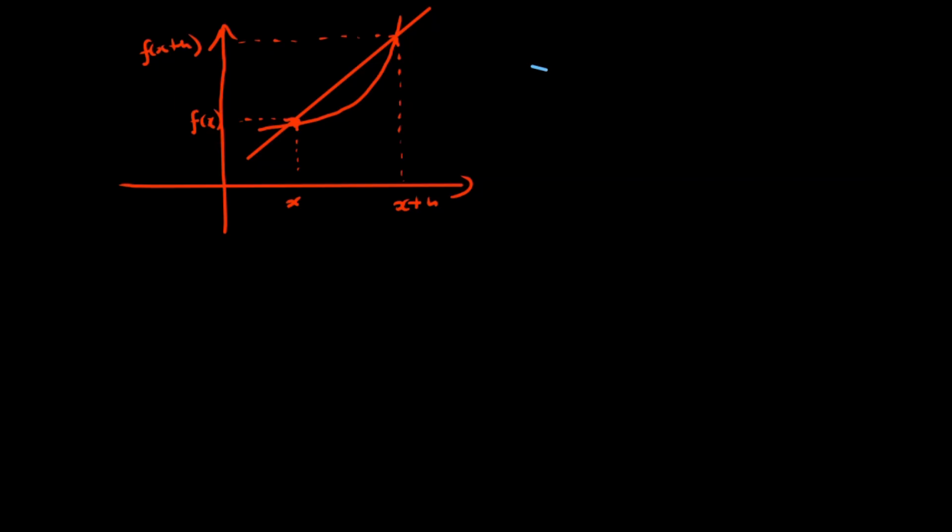We said M is equal to f of x plus h minus f of x all over h. That's what was left. But I want the gradient here. I want to know the gradient here.